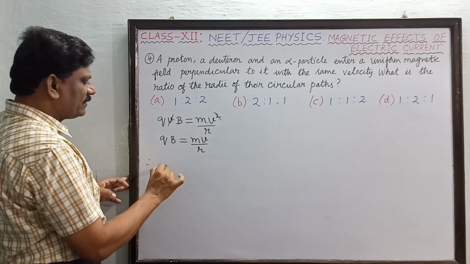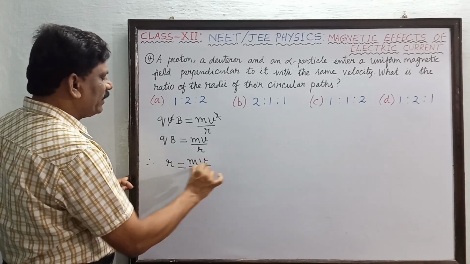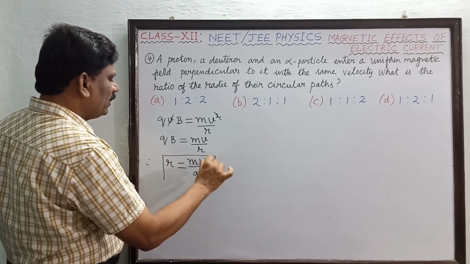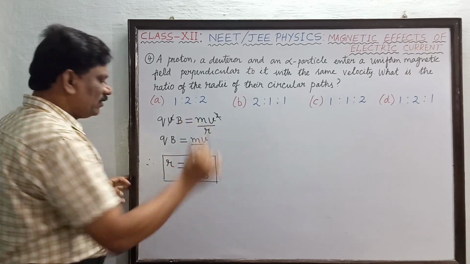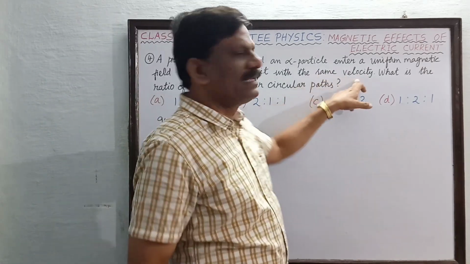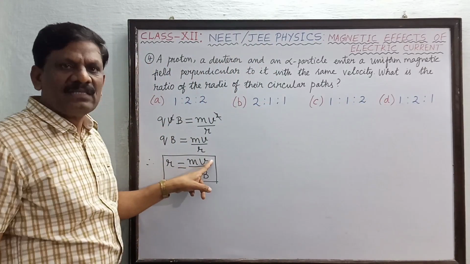Therefore, what is the radius of the circular path? R is equal to mv divided by qB. It is given that all of them will enter with the same velocity, so v is constant.